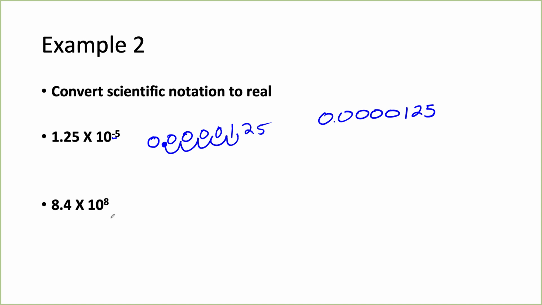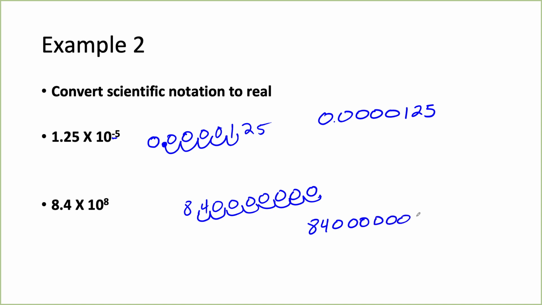Now, 8.4 times 10 to the 8th, our second example. 8.4, and I'm going to move the decimal over 8 places: 1, 2, 3, 4, 5, 6, 7, 8. So you do it that way, then rewrite it as 840000000.